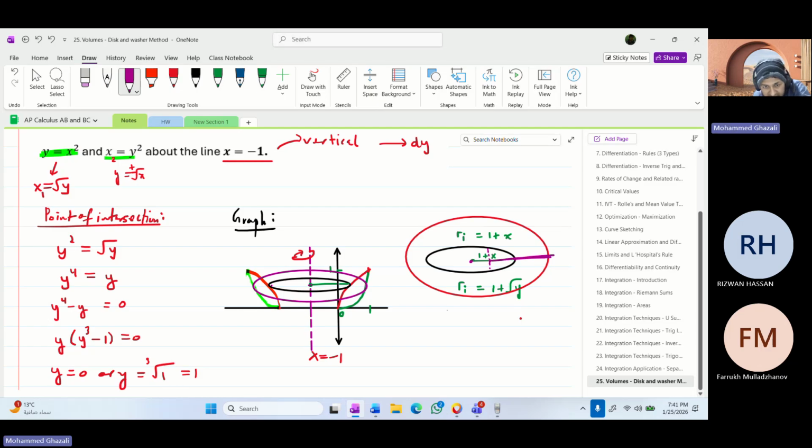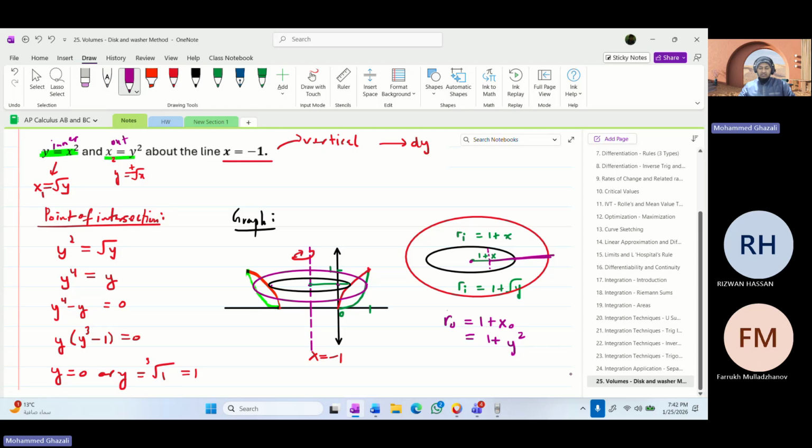From -1 to 0 is 1 unit. And from 0 to the green line was y squared. So the outer radius is 1 plus the outer function. Here is the outer function, and this is my inner function. The outer function is 1 plus y squared, and the inner function is 1 plus root y.